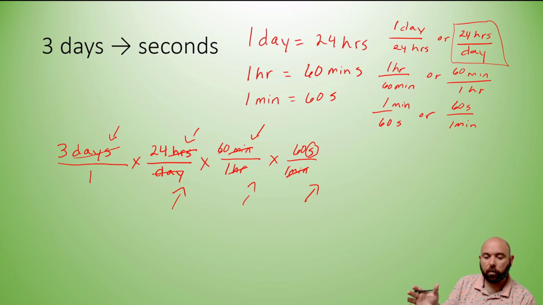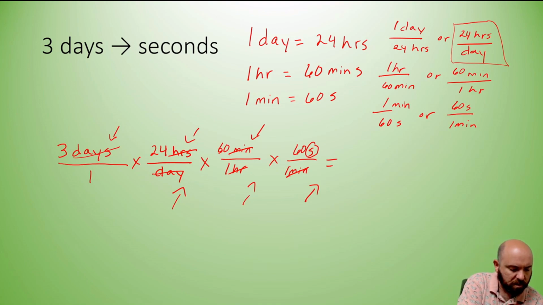So what we're left with is the math to do. So we look and see what the actual arithmetic is, and it says to do 3 times 24 times 60 times 60. And if we multiply across the bottom, we see that's all 1.